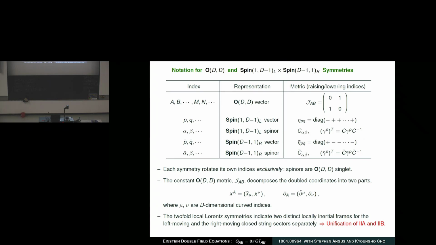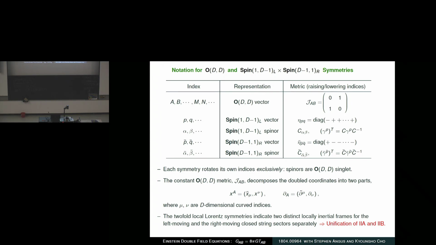The constant O(D,D) metric decomposes the doubled coordinate into two parts, so tilde coordinate x tilde and untilded x. Physically, the two-fold local Lorentz symmetries, or the two spin groups, indicate that there are two distinct locally inertial frames for the left moving and the right moving closed string sector separately.